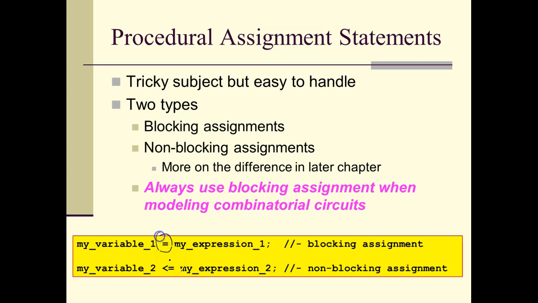Essentially the difference between these two statements is one's an equal sign and one is a less than equal sign, which is not really a less than equal sign. It's kind of like an arrow pointing to the left. And we'll keep going on here. Once again, very deep subject. We'll talk more about this later.